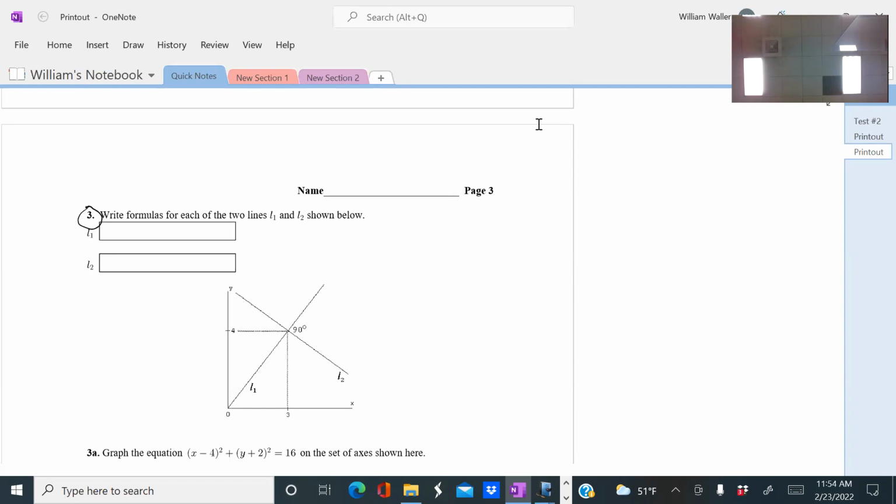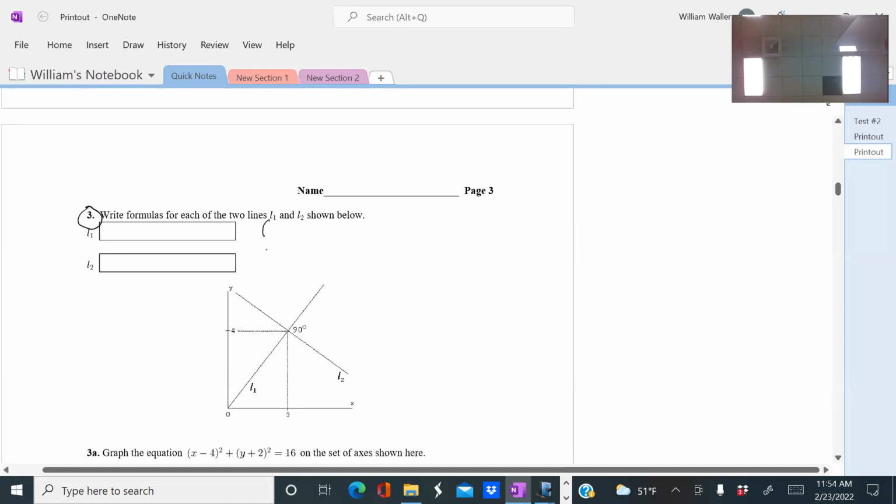So if I want to write down the formula for this line L1, that's a line that's going uphill from left to right. I need to know its slope to write down that formula. And to know its slope, I need to know 2 points on that line, correct? But do you know 2 points on the line L1 here? Yeah, what are they?